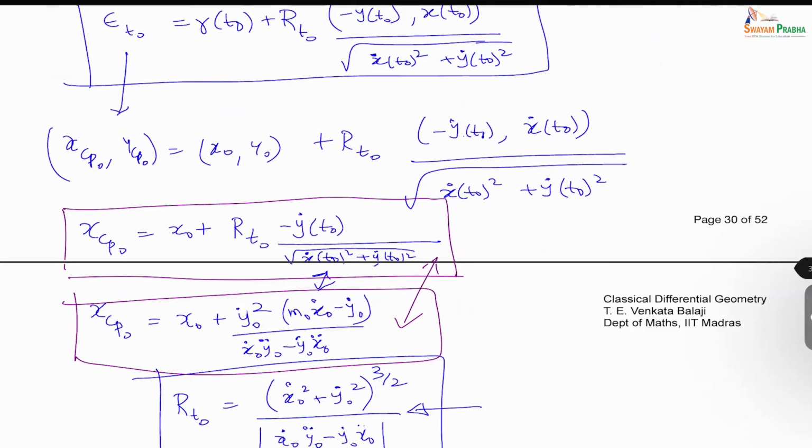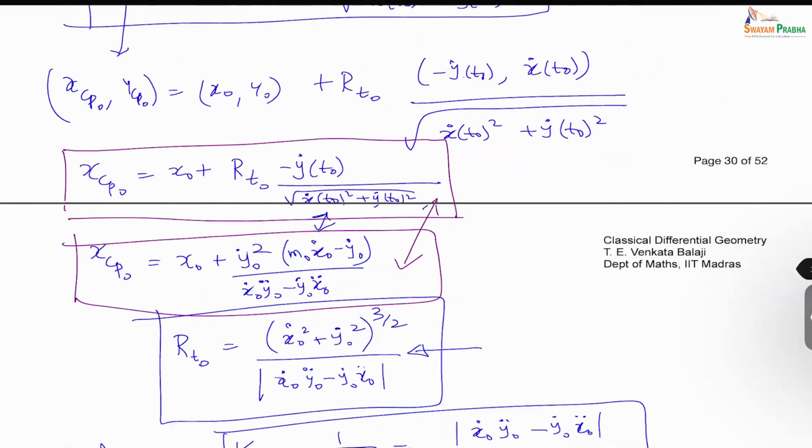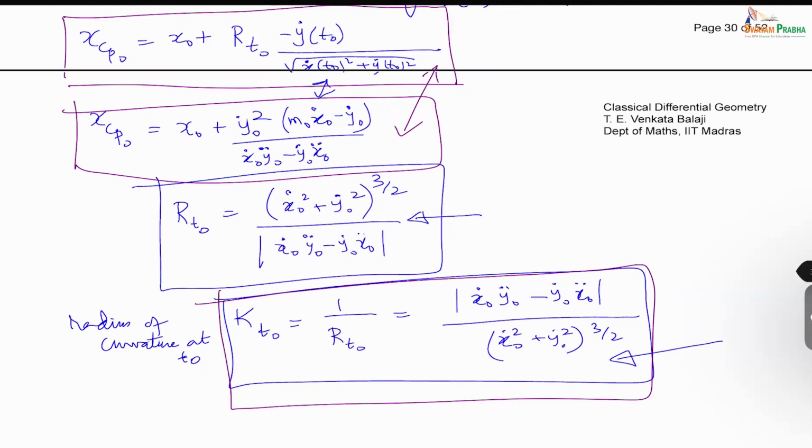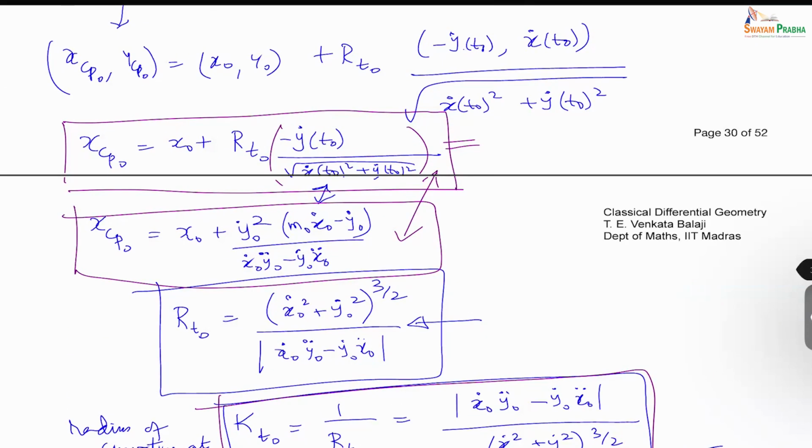For the moment, I mentioned that this is what you are supposed to get, and that is quite easy to see. This is the expression that you get by vector addition, the x component, and this is the expression that we got by taking a limit. So I'll just say that this is gotten by the limiting process.